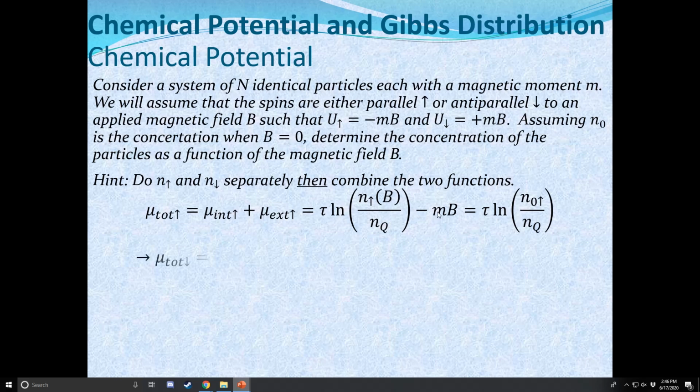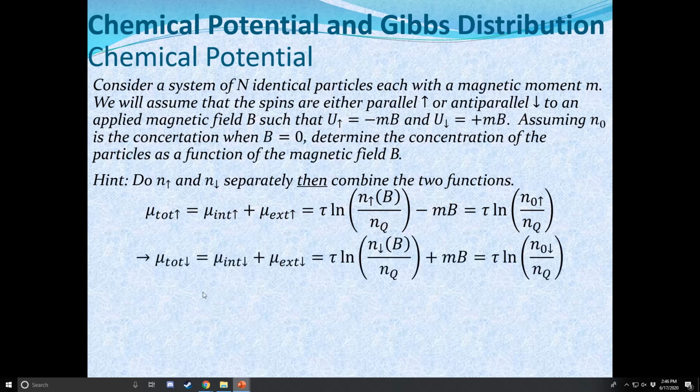So from here, I can then copy the same thing for spin down, just replacing all the up symbols with the down symbol, and then changing the sign on here because of what they said up there. Then from here, I can analyze them both the same way. So once again, we analyze it just like we did last time, where we raise every term to the power of e, and then simplify, and we should get something like this.